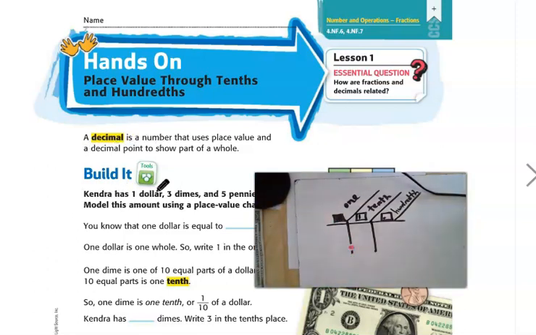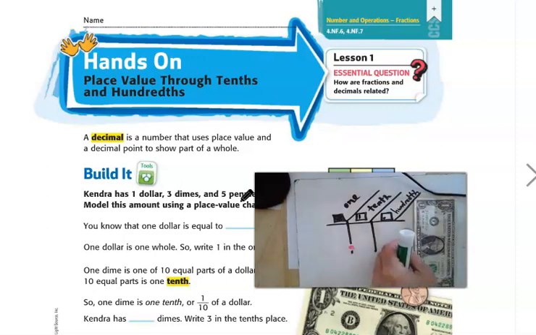Kendra has $1, 3 dimes, and 5 pennies. Model this on a place value chart. Okay, so she has $1, 3 dimes, and 5 pennies.